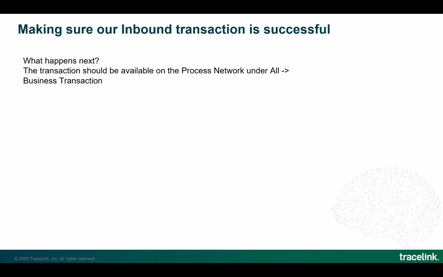Log into your Opus company, go to the main menu, click on My Networks, for the owner company of course, select the process network, click on Go, and then under business transaction, all transactions, you should be able to see that inbound transaction. It might get successful, it might fail, or it might stop because of some other configurations that we need to do on the partner side. But if this is all successful so far, you should be able to see the transaction appearing on the Mint UI.